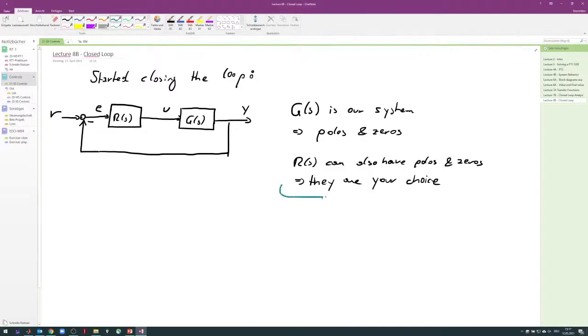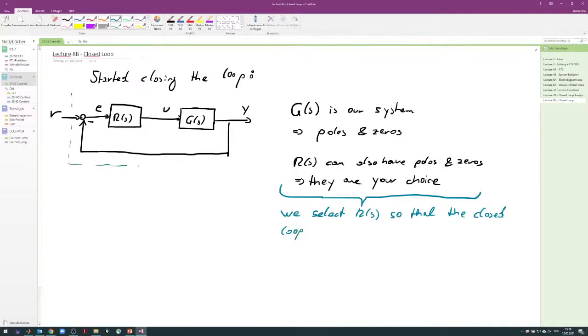So we select this R of S so that the closed loop, which is this guy here, behaves as we desire.